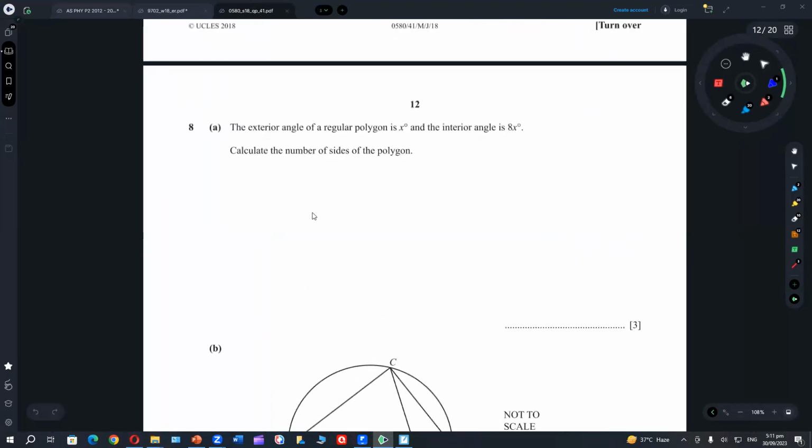The exterior angle of a regular polygon is x degrees and the interior angle is 8x degrees. Calculate the number of sides of the polygon.